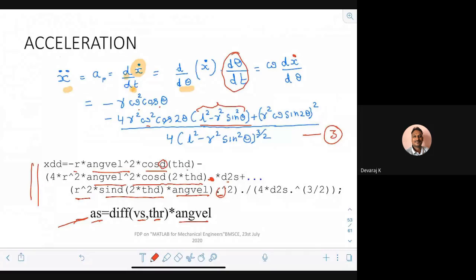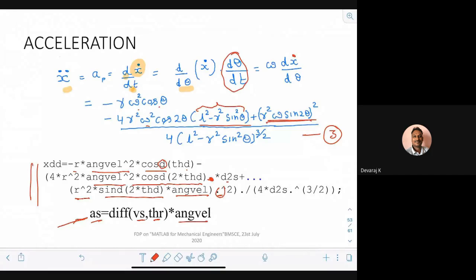There is no dot operator as far as this is concerned. But the entire thing, after closing the bracket here for the second term, you need to divide it by another vectorial quantity. Therefore, this dot operator is coming here. Got it? I made a mistake. This dot operator here is because this numerator is divided by denominator. So divided by with the dot operator, element by element. 4, this is D2S to the power of 3 by 2.